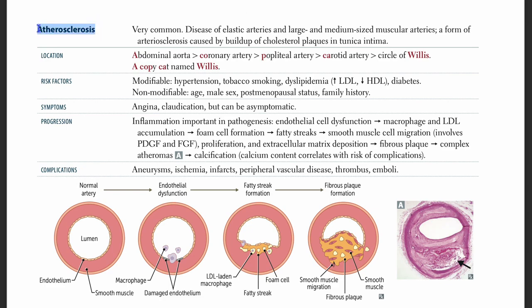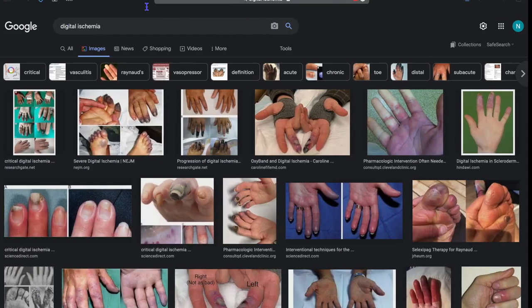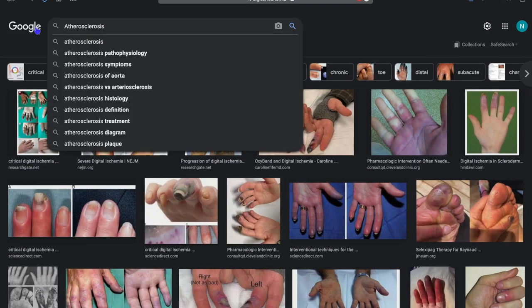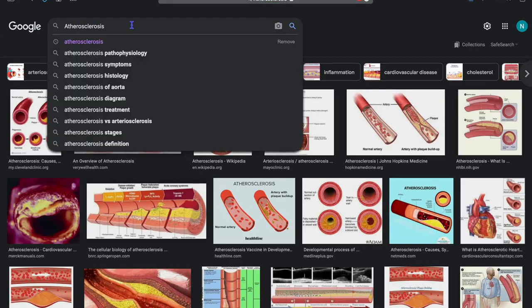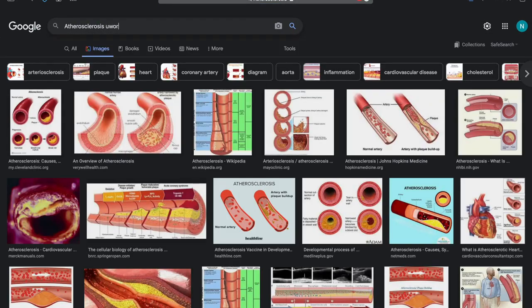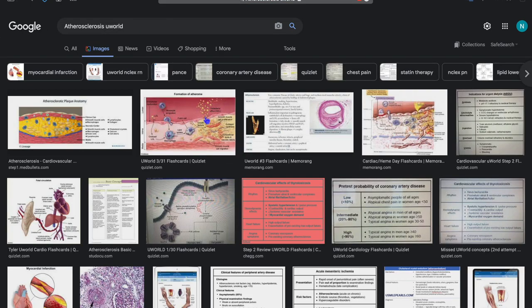For this, there's a diagram on UWorld. That's pretty helpful. This one right here.